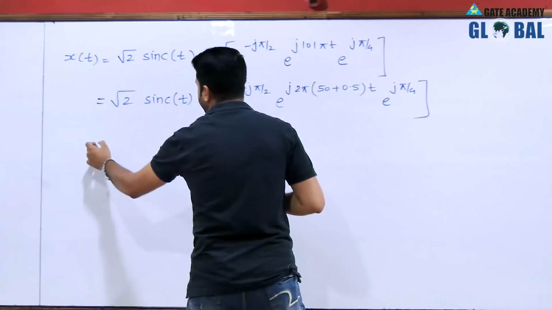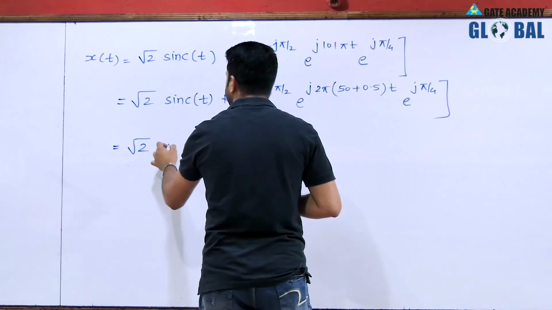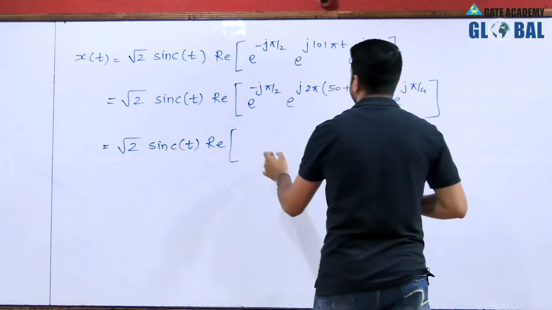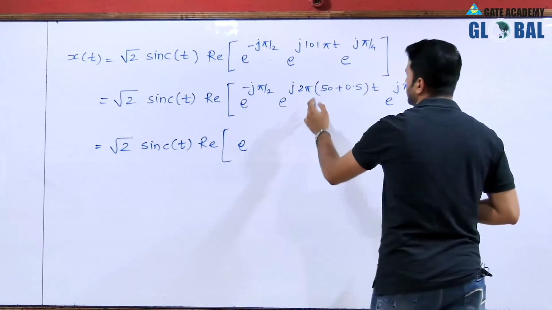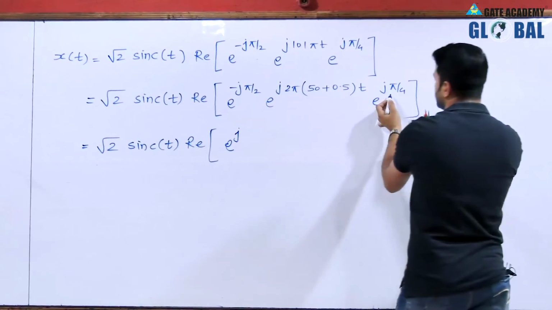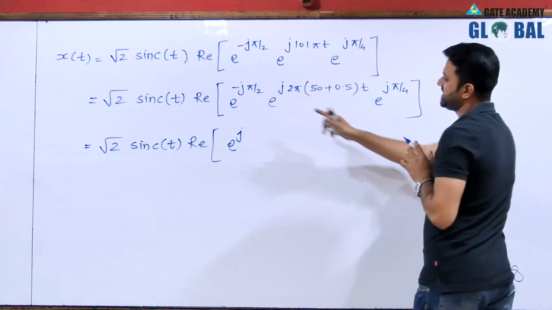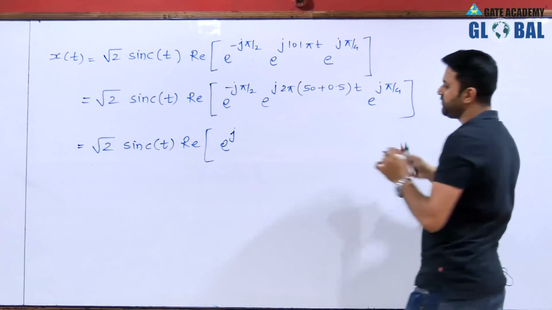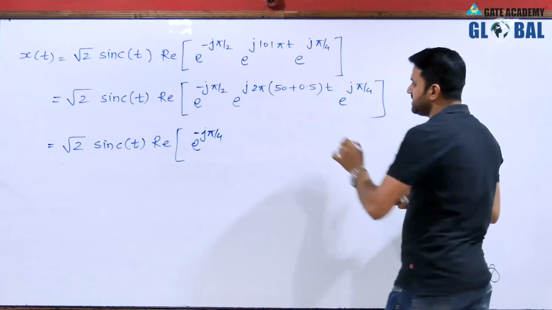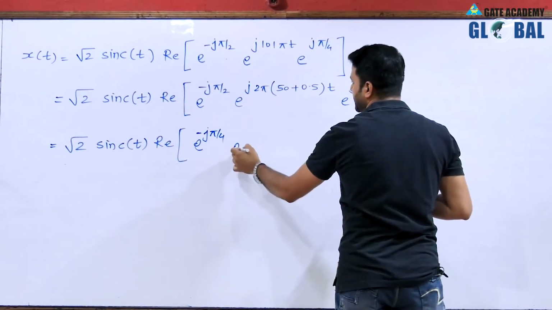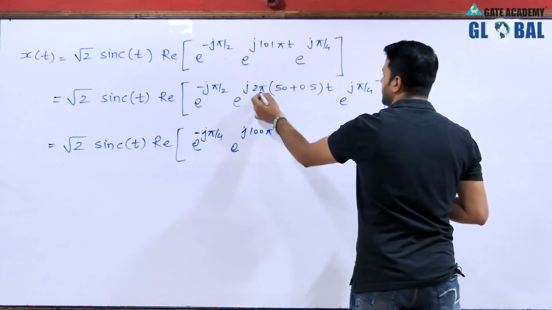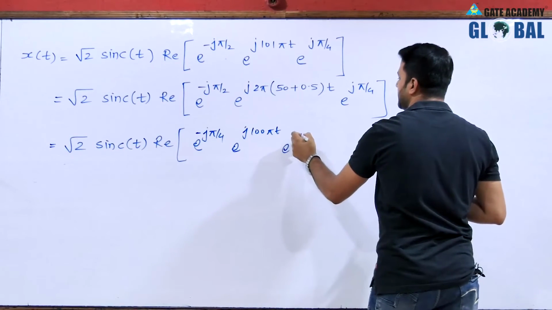Now we have root 2 sinc t, real part of e to the power j. If I multiply and solve these two, you will get minus pi by 2 and here e to the power j pi by 4, so you will get e to the power minus j pi by 4. If you solve this, you get e to the power j 100 pi t, and this is e to the power j pi t.